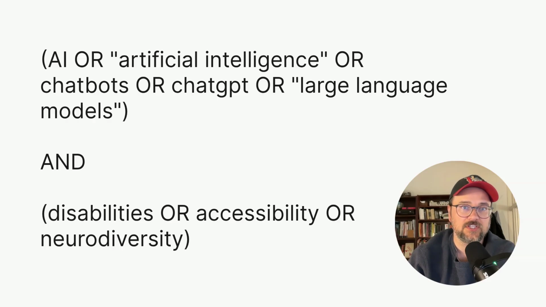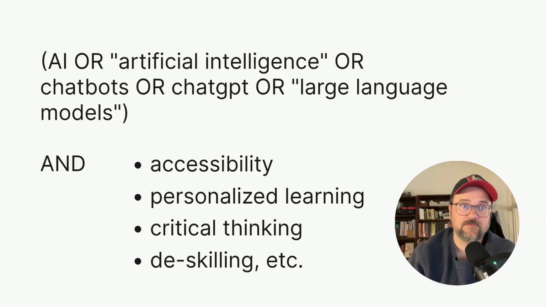What this is going to do is allow for this kind of varied vocabulary in terms of AI, chatbots, other forms of that concept, and then looking at a variety of terminology around disabilities and accessibility. So it's going to bring these two together, and we're going to see if we can find some sources that touch on that element specifically. Now, as I said earlier, this might be part of a larger research project where you're looking at different applications or different possibilities of AI in education.